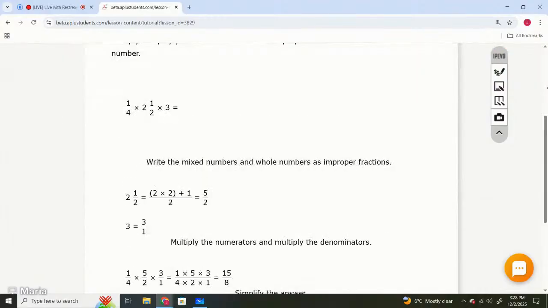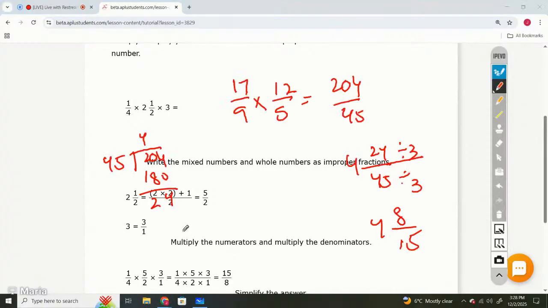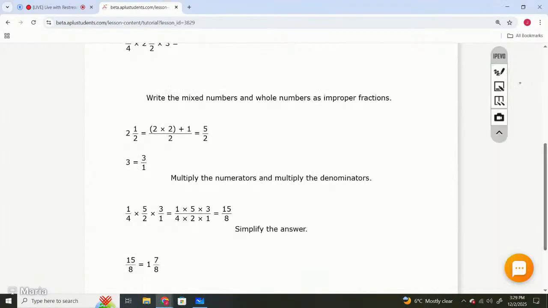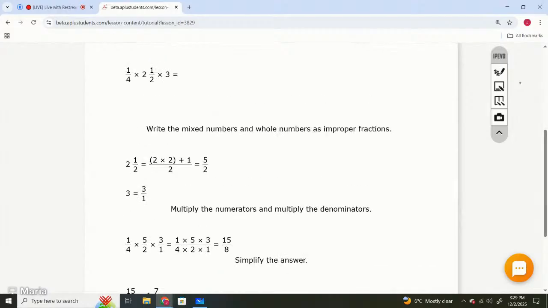Simplify 1 by 4 times 2 whole 1 by 2 times 3. So 1 by 4, just convert the mixed number to improper fraction, and then you need to multiply them all. We have 1 by 4 times 5 by 2 times 3 by 1.